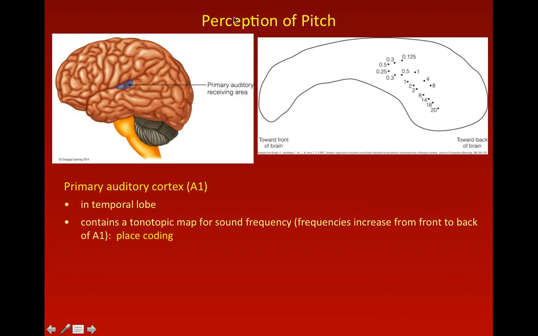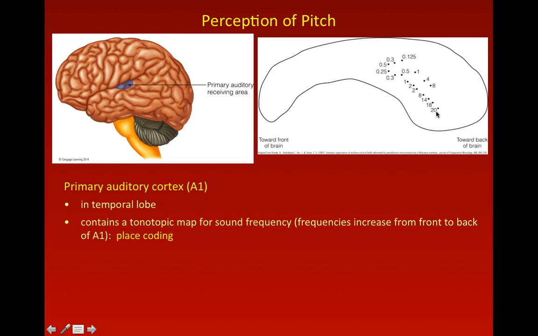So once we get up to the primary auditory cortex, just like the primary somatosensory cortex was somatotopically organized, so neurons in specific places were dedicated to processing information coming from specific body parts, we have a tonotopic map, a frequency map in the primary auditory cortex, so certain neurons are dedicated to processing certain frequencies of sound.